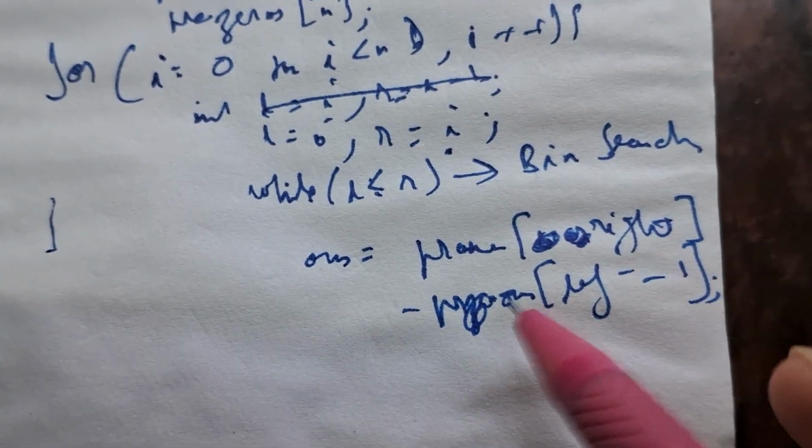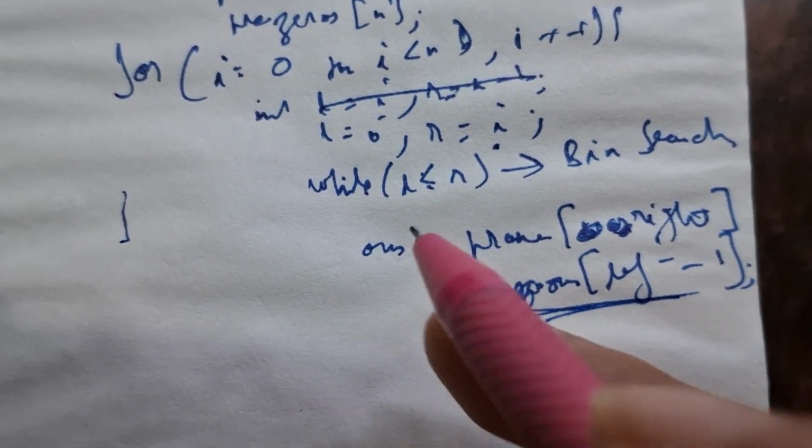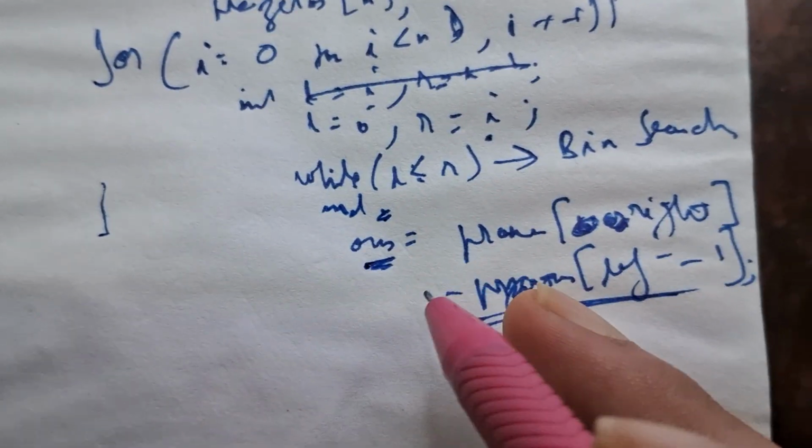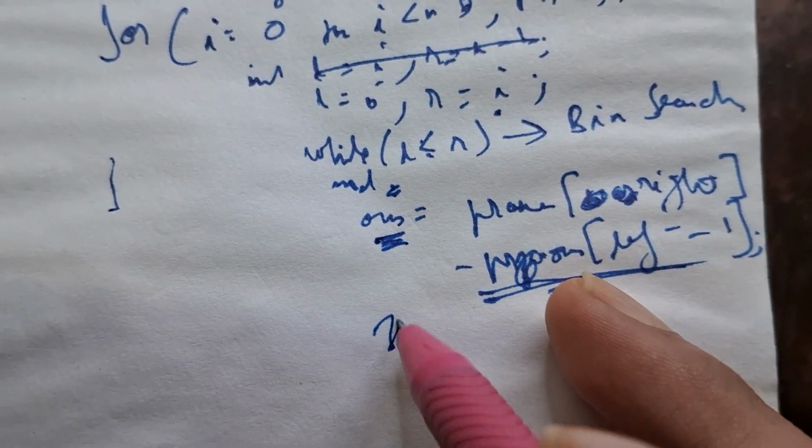So this is basically the formula. Now you have to check the number of ones at the mid position, and you have to check the number of zeros.